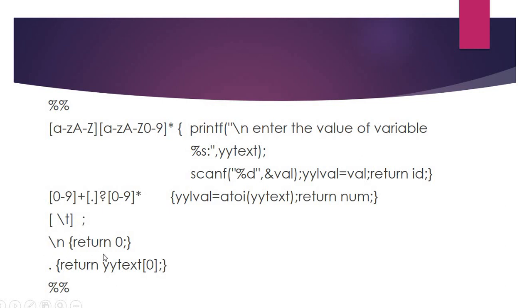If it is a newline character, just return 0. And if it is any other character like AND, vertical bar symbol or NOT symbol, we just return it. That's why return yytext[0]. So that's all the rule part for the Lex program.